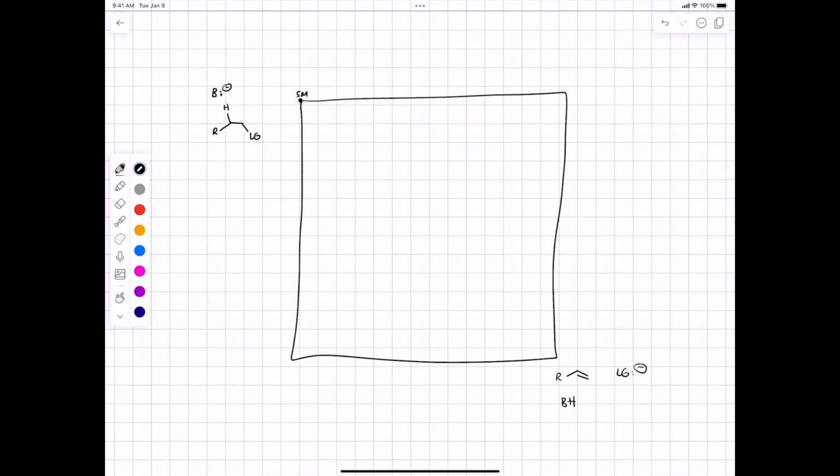In the upper right-hand corner, this x-axis is going to represent extent of deprotonation. So 100% deprotonated is going to be this intermediate, the conjugate acid of the base.